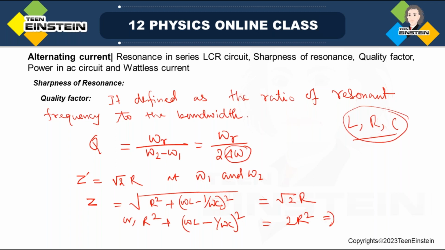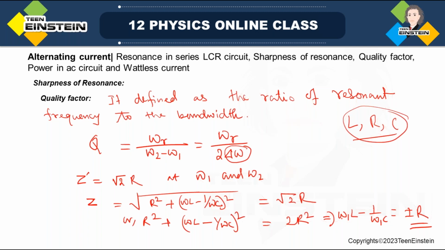2R square. So suppose for omega 1, this gives me omega 1 L minus 1 over omega 1 C is equal to plus or minus R. Okay, you can just see that.